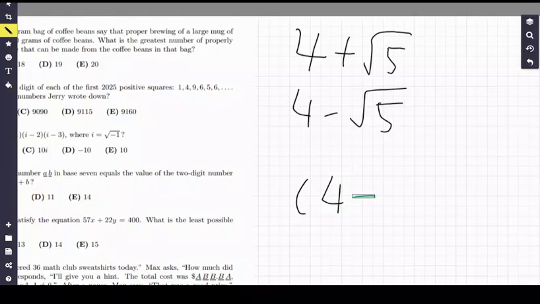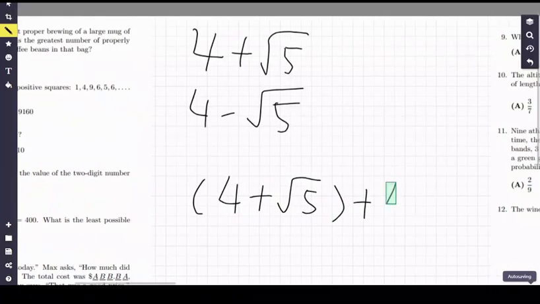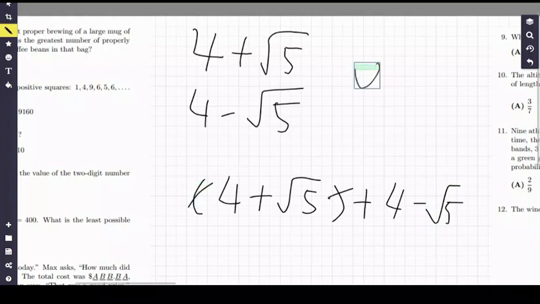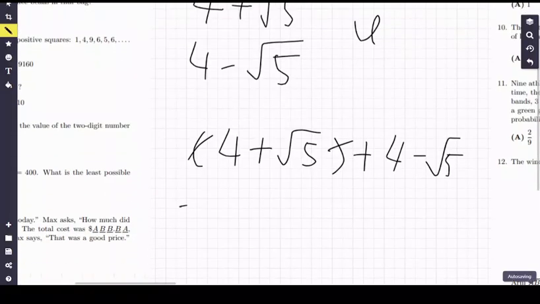4 plus root 5 plus 4 minus root 5. There's supposed to be a bracket, but it doesn't really matter here. And what did we say? We said our third root was u. So let's add this up: we got 8, and we know our sum of roots is negative b over a.